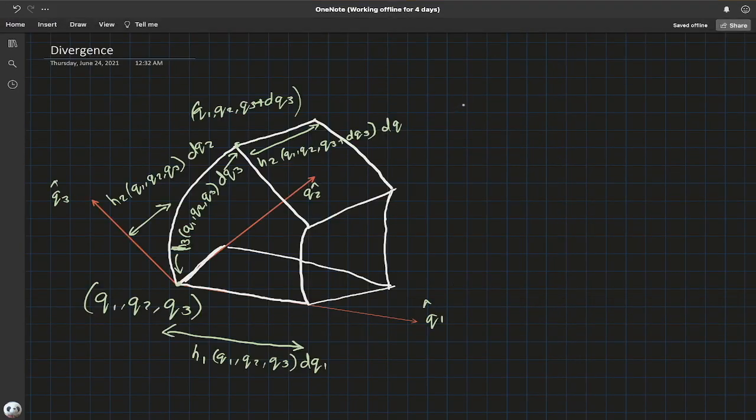Now when we move to the divergence, the divergence is a little tricky compared to the gradient, which was direct. It was straightforward, just use the chain rule, get the answer.